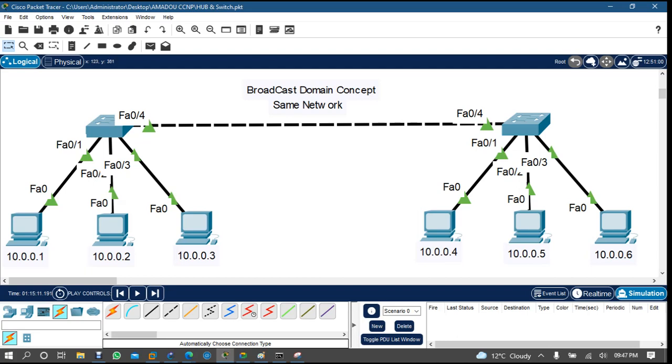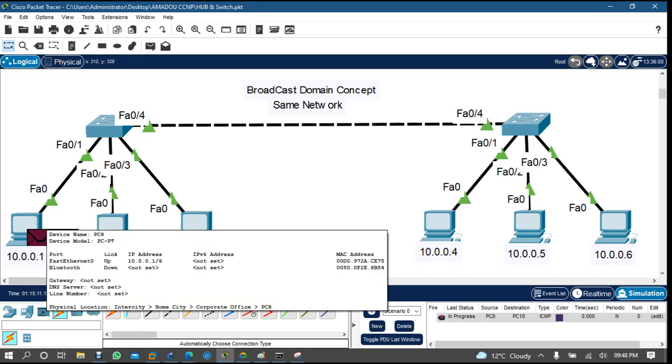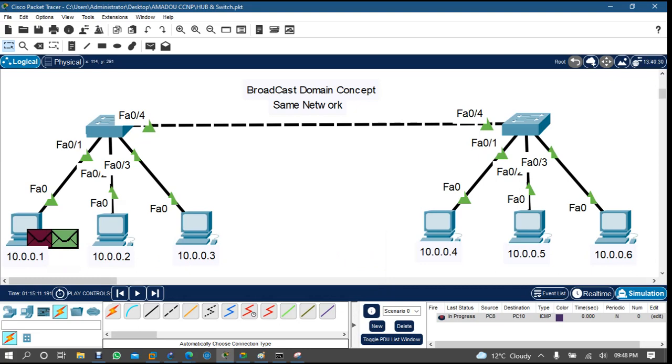If all the computers are connected with a switch, you will not understand broadcast with a single switch, but when you have multiple switches in your organization, and this PC is communicating to this PC, normally the data should come to the switch and go directly to PC3.